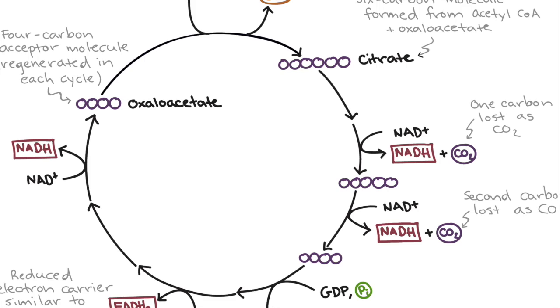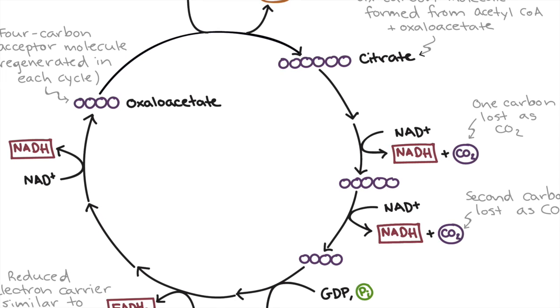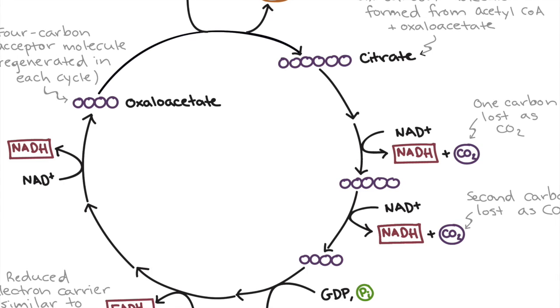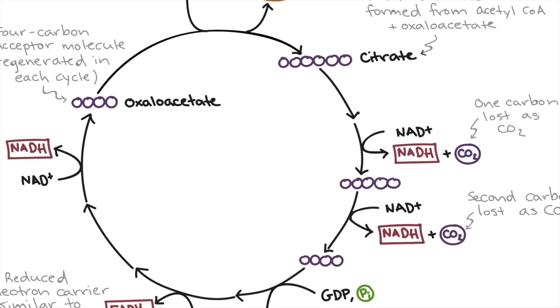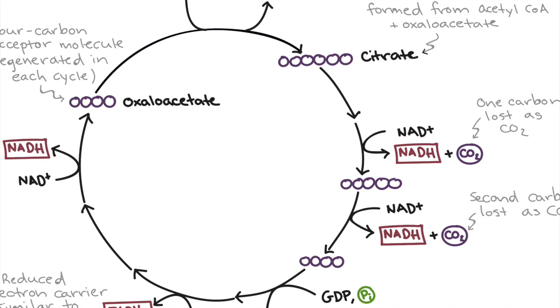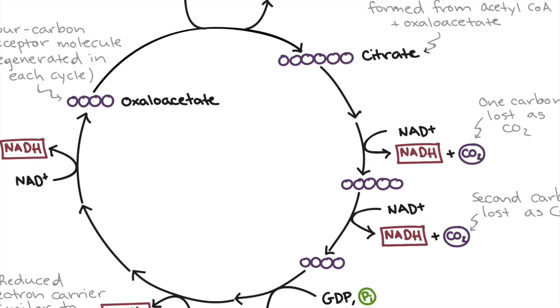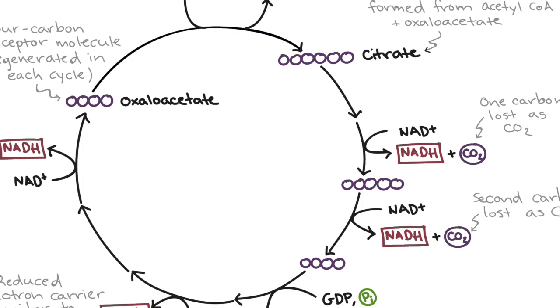The reduced electron carriers NADH and FADH2 generated in the citric acid cycle will pass their electrons into the electron transport chain and through oxidative phosphorylation will generate most of the ATP produced in cellular respiration.